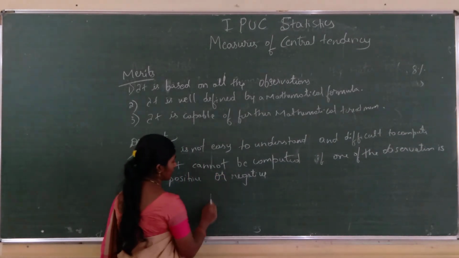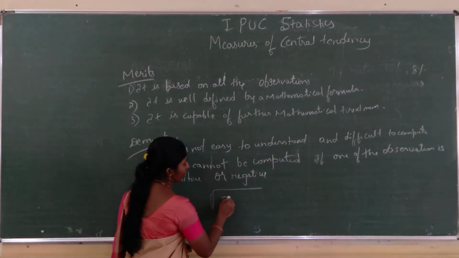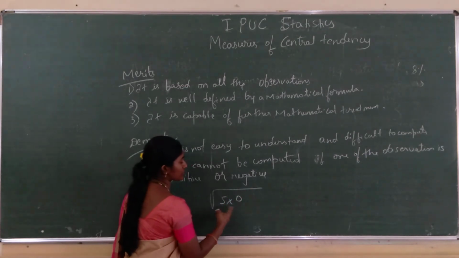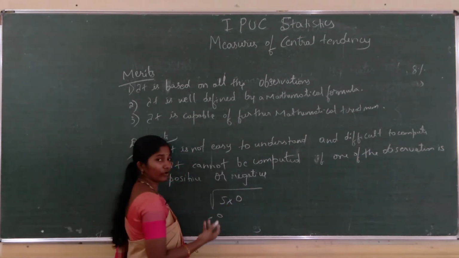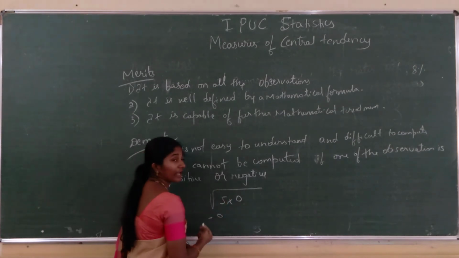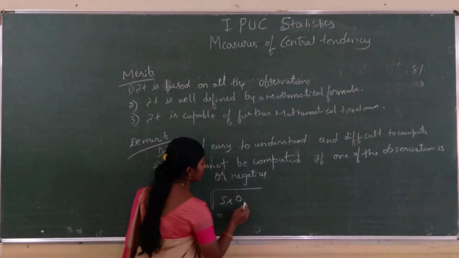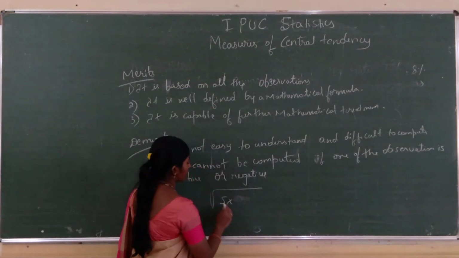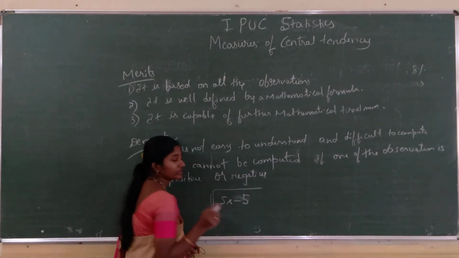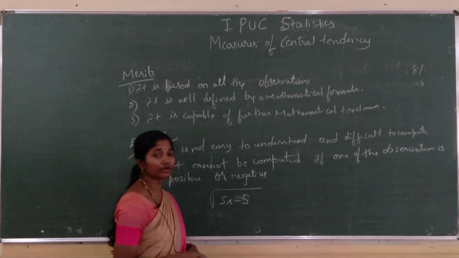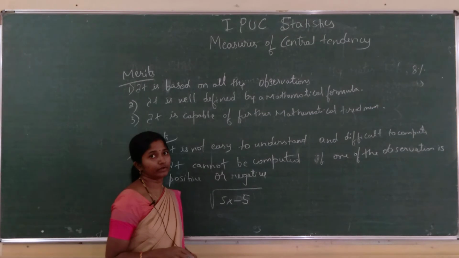See, in the geometric mean, if when you are multiplying 5 into, if the value given is 0, it will become 0 only, we cannot calculate. If one of the values is negative, for example 5 into minus 5, see in your calculator, that answer will become an error.